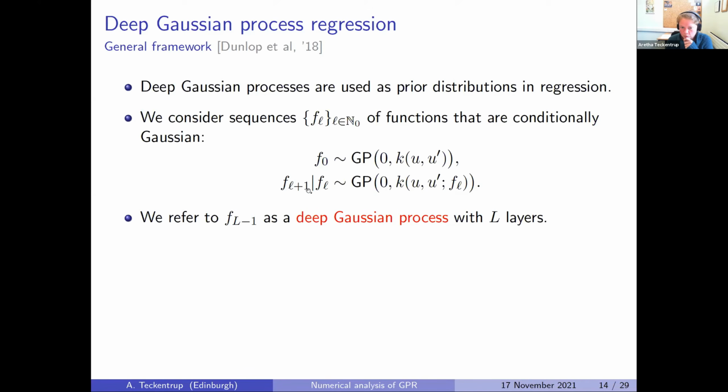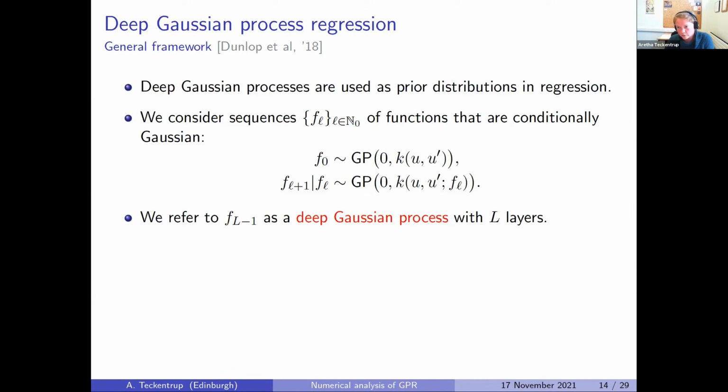So f_{l+1} given f_l will be a Gaussian process where the covariance of that process now depends on the previous layer f_l. Okay? So it's just a sequence of Gaussian processes, and they're all related in this way, right? So you'd have a Gaussian process f_0, and then you can define f_1 given f_0 by using f_0 to define the covariance structure of f_1 and so on, and then you just keep iterating.